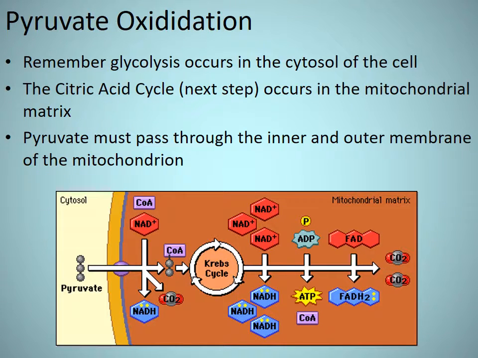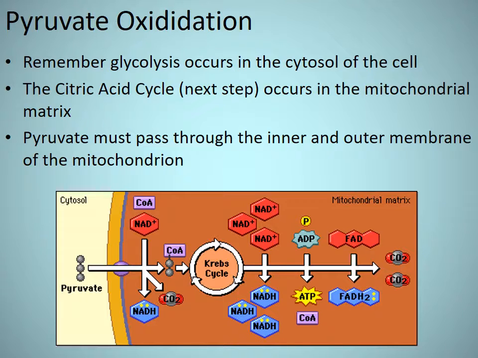Okay, so pyruvate oxidation. Basically what happens is oxygen is present in the cell, so pyruvate will make its way through the two membranes of the mitochondria and into the matrix. The next stage of cellular respiration, where we now start to talk about aerobic respiration, is pyruvate oxidation.